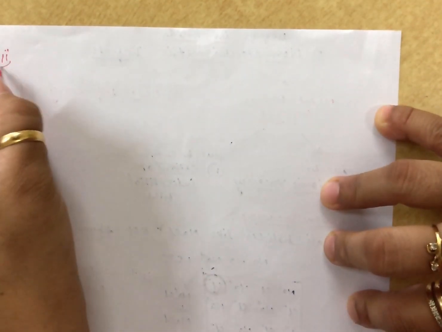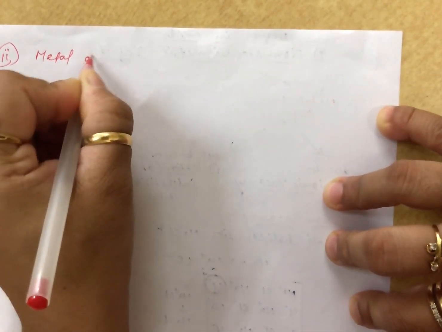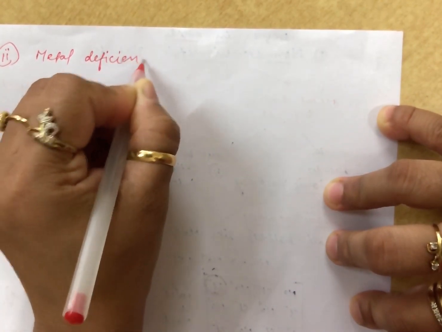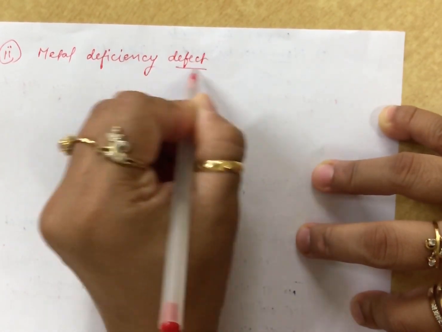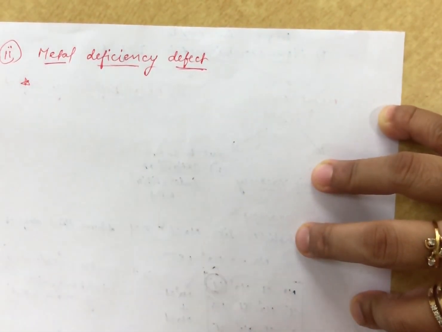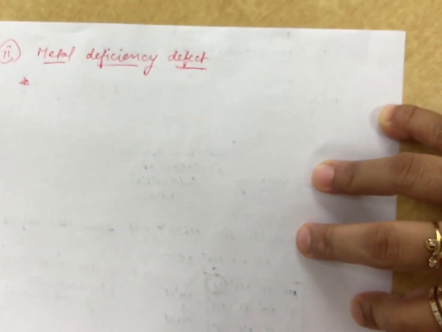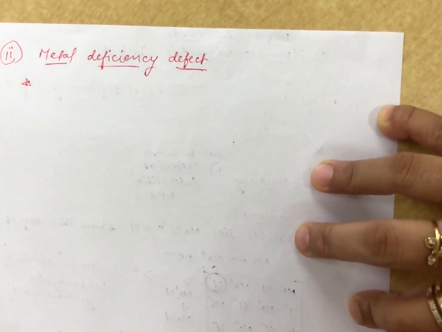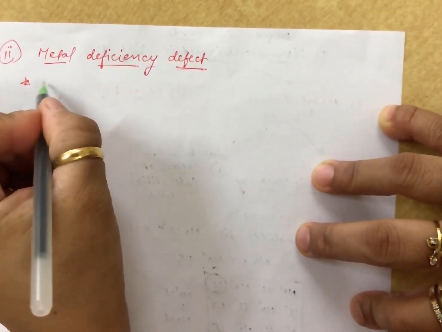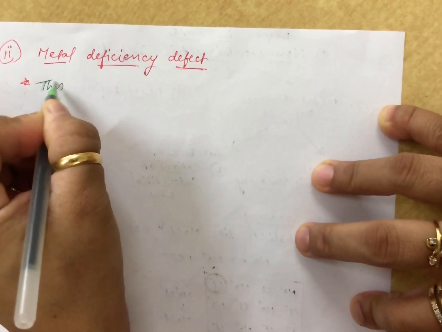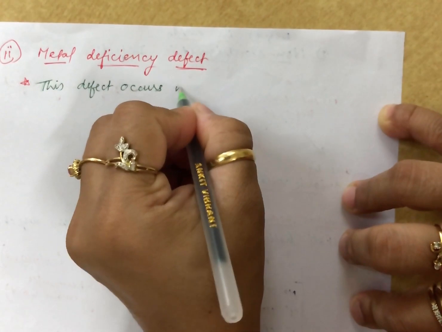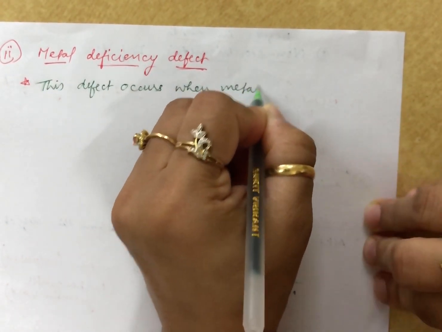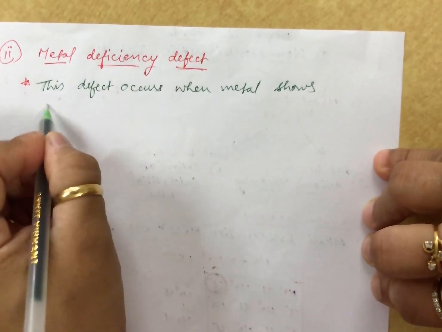Okay, so when I discuss metal deficiency defect, the word itself says that there must be some deficiency of metal. Let me tell you a very important point first, which you need to keep in mind: this defect occurs when metal shows variable valency.